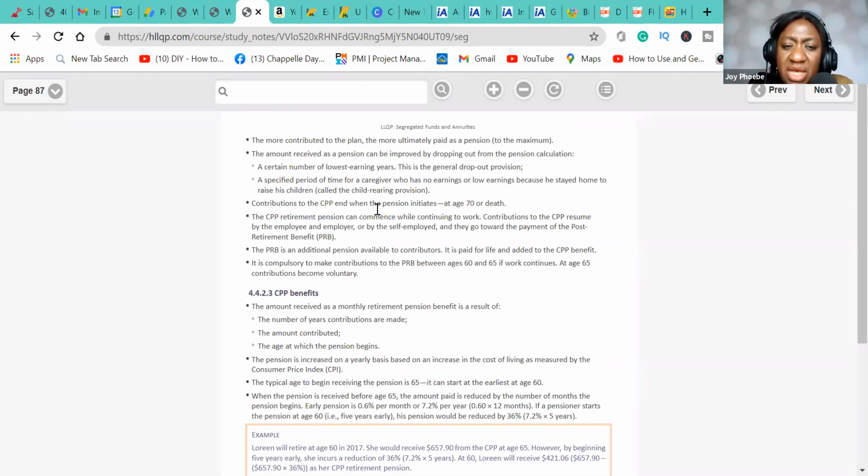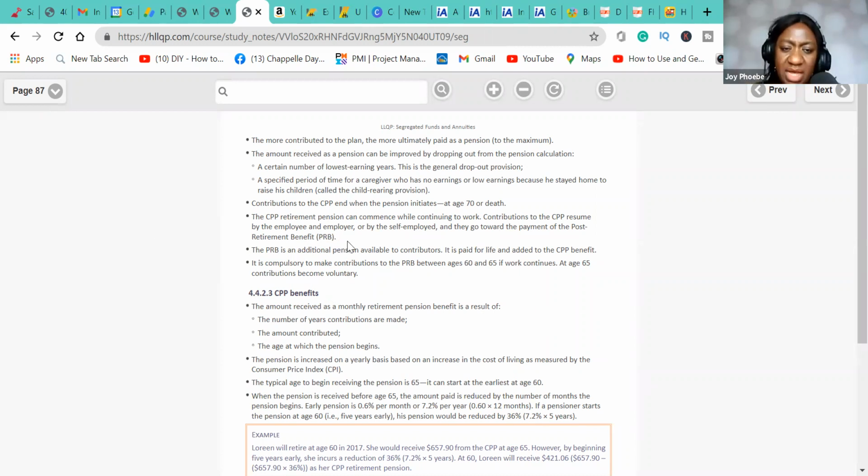Contribution to the CPP ends when the pension starts, at age 70, or at death. Now the CPP retirement pension can commence while continuing to work. Contributions to the CPP are resumed by the employer.